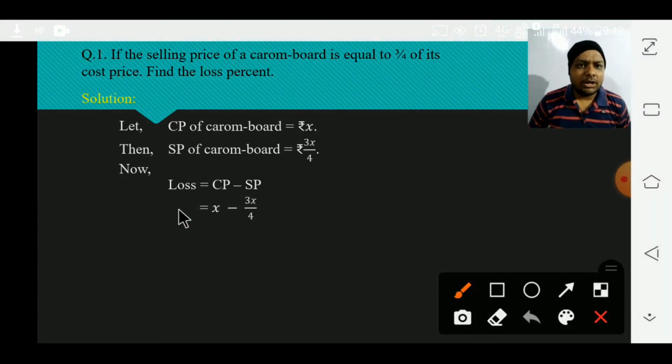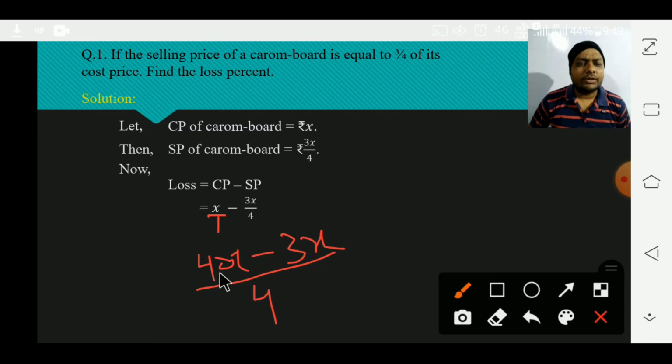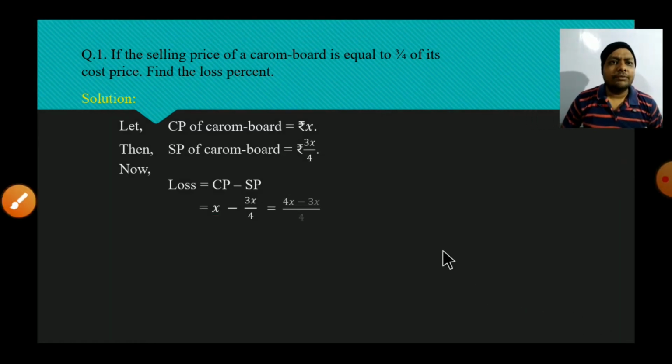Here you can see students that downside there is no value, so we will write 1. Now the LCM of 1 and 4 will be 4. Now 4 into X will be 4X, minus 1 into 3X will be 3X. So after subtracting, we will get X by 4, and that will be the loss. Here we can write like this, X by 4 will be the loss.